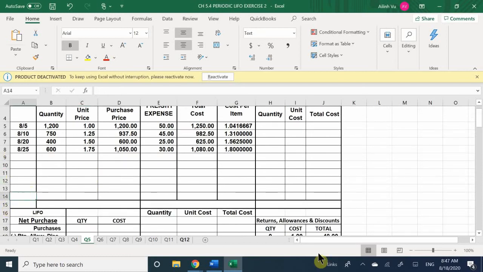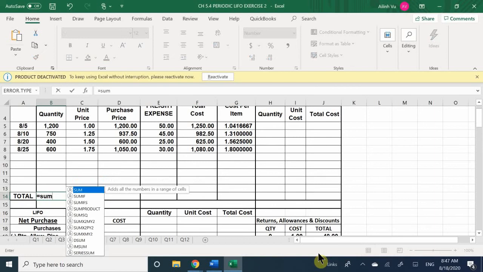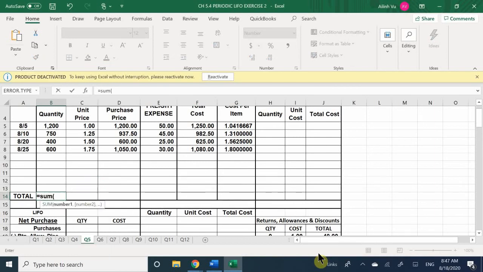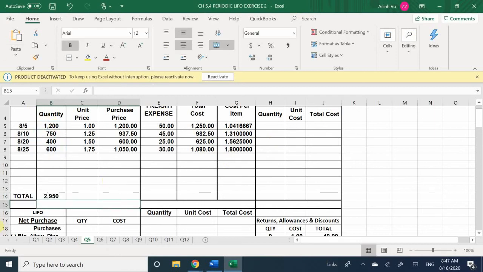Add the totals up. So how many total units do I have here? 2,950. Okay. What is my total purchases here?